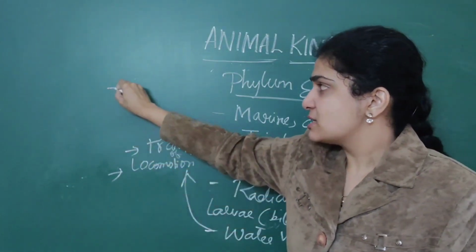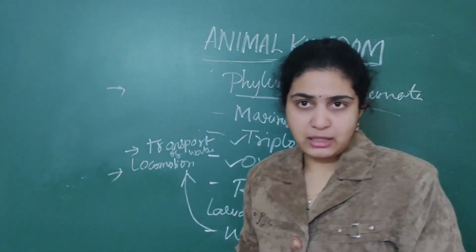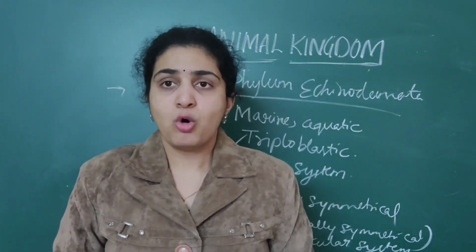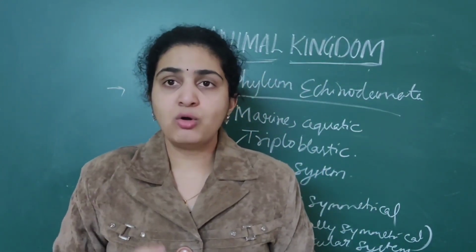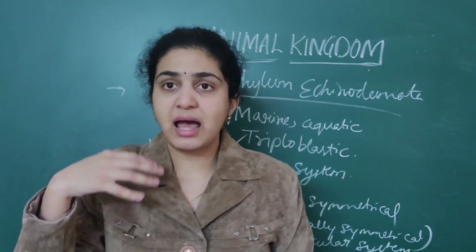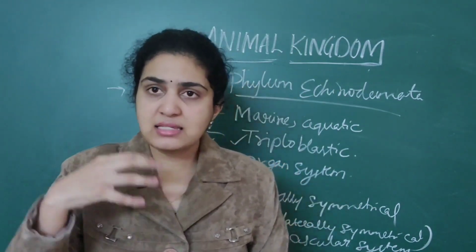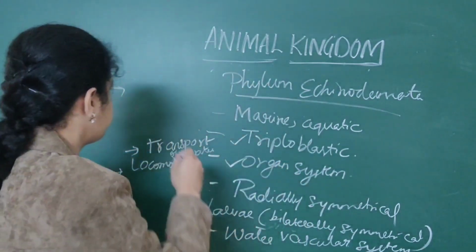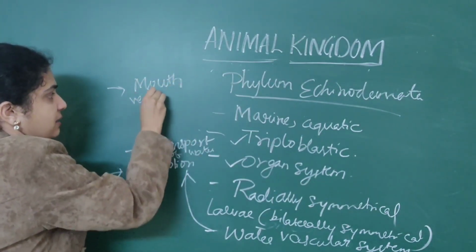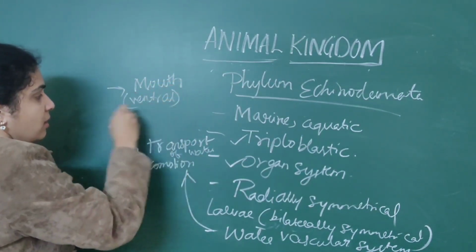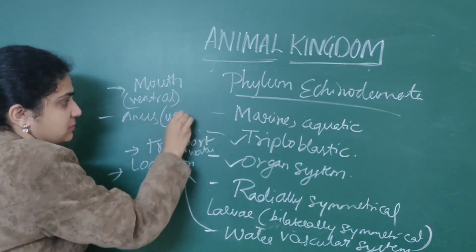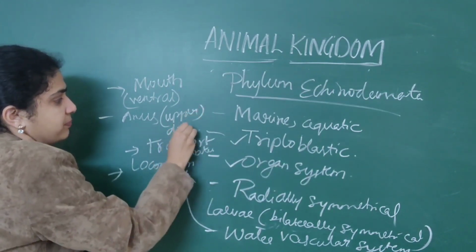Next, the digestive system of Echinodermata is well developed. Only this phyla will have the mouth on the ventral side, that is the downside, and the anus on the upper side, that is the dorsal side.